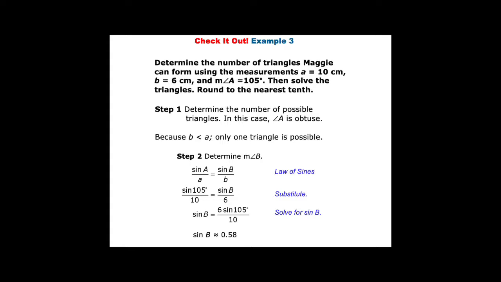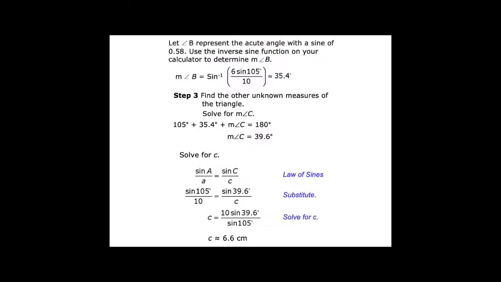Step 2, determine the measure of angle B. So we're going to use this formula again and plug in what we know. So we know that the sine of 105 over 10 equals sine of B over 6, and then solve, and that will give us 0.58.